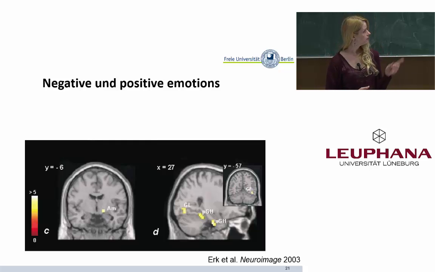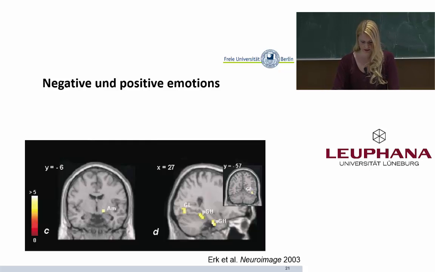And that's what negative and positive emotions look like in your brains. It does not take an expert to tell that it is not the same. Speaking in terms of brain activation, we can clearly see two different activation patterns.